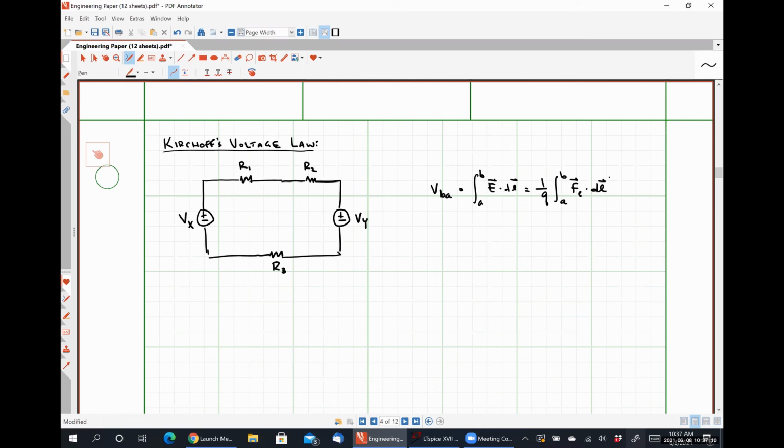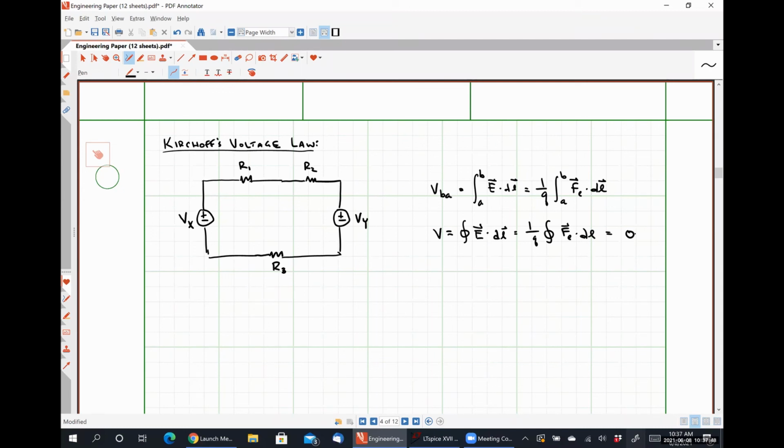Now, the electrostatic force is a conservative force. So what that means is that if I do a closed line integral around the entire path of a circuit of either the electric field dotted into dl or the electrostatic force dotted into dl, I should find that the total voltage drop around this closed path is 0.